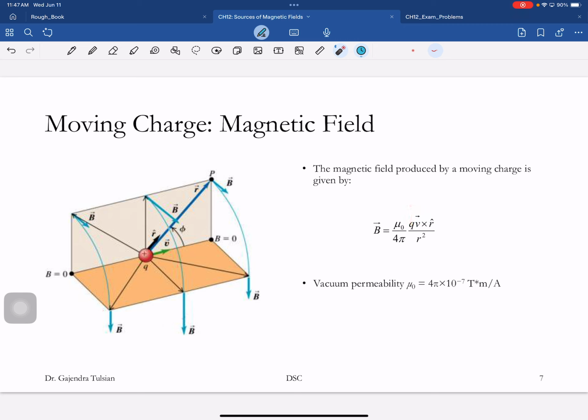But we started off by saying that you have to have a charged particle that is moving to produce magnetic field. The strength of the field falls off as r squared. You go twice as far, and the field strength is 1/4 as much. Okay? All right, so those are the things you want to notice about this.